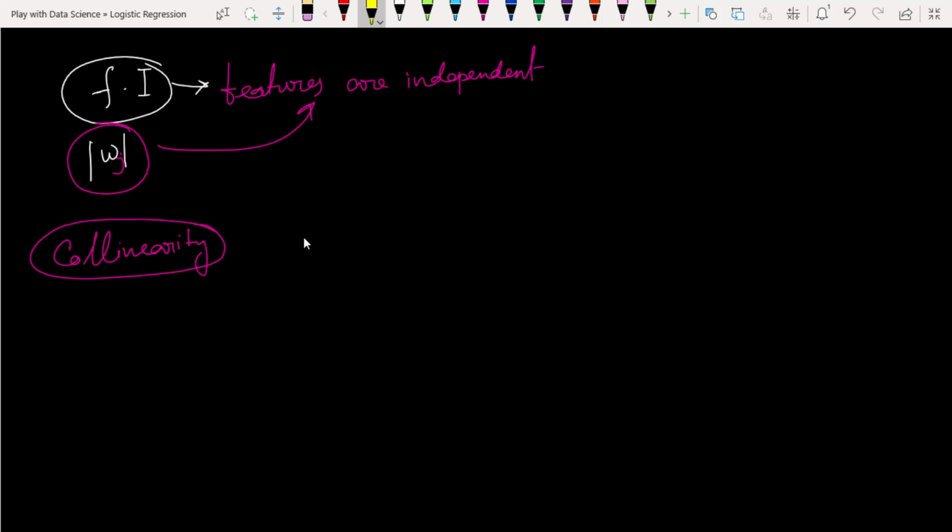Suppose in our model we have two features, fi and fj, chosen such that one feature is dependent on the other, meaning one feature is linearly written in terms of the other.